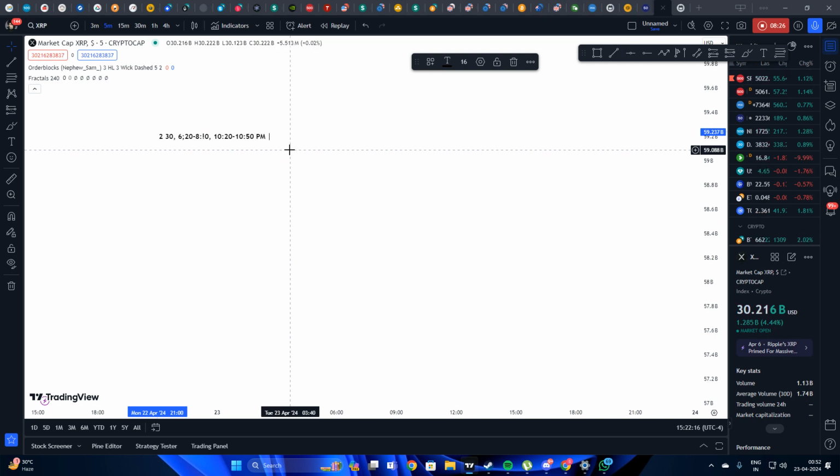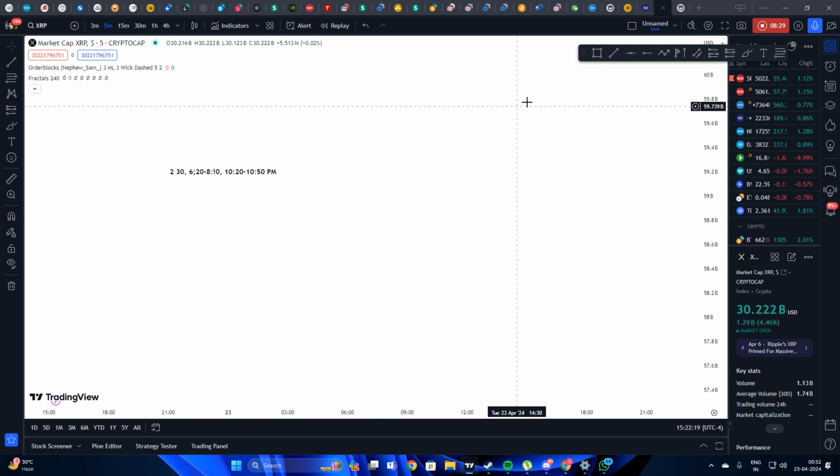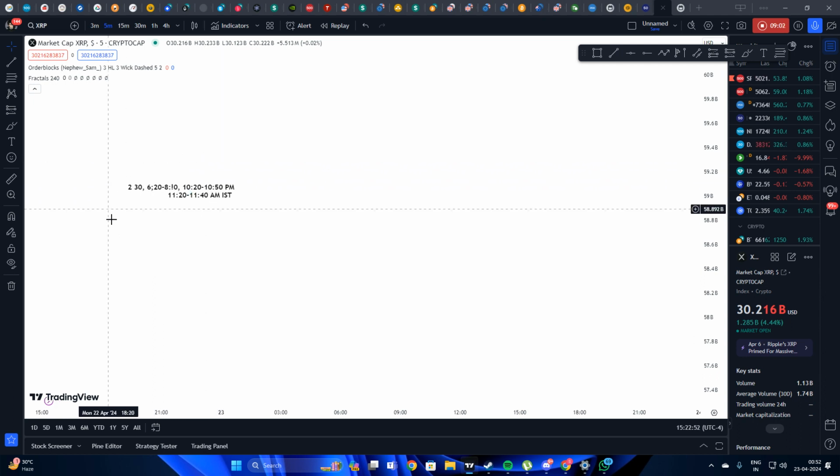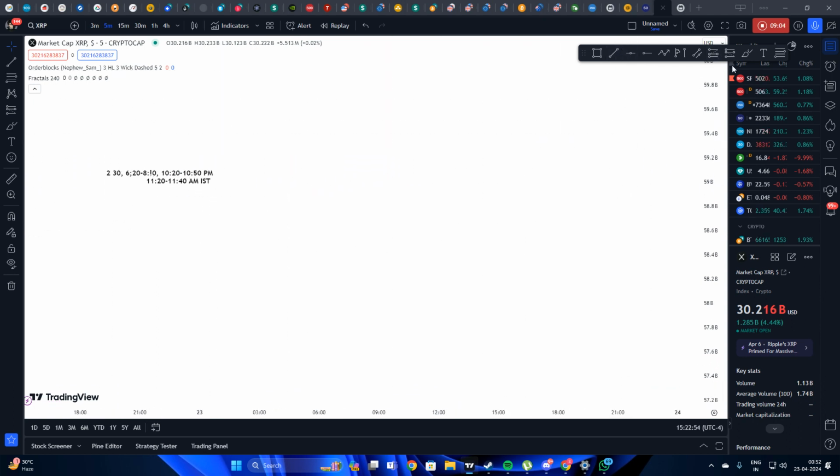And it only occurs once in the AM timing, and that is at 11:15, more like 11:20 to 11:40 AM IST. These are all Indian timings, and these are the best timings to trade turtle soup.